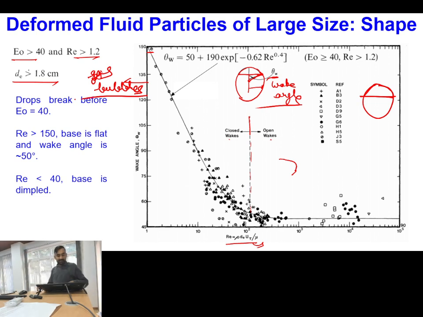Why? Because whenever a droplet falls down, and if it is of that much larger size, of course the surrounding fluid viscosity will be less. So vortices forming in the surrounding fluid will be of more strength, and these will break the droplet into smaller entities before the Eötvös number 40 is achieved. Is this point clear? This is one important point, that the spherical cap characteristic is majorly shown by gaseous medium.